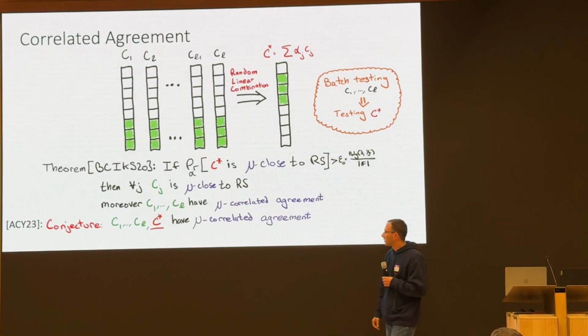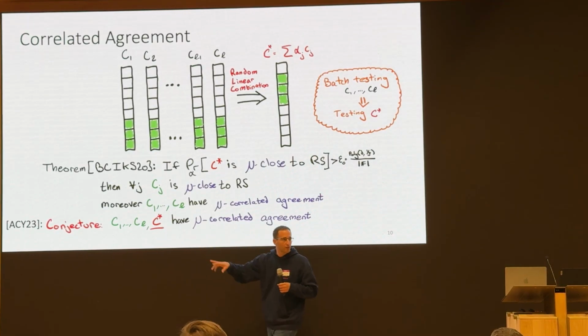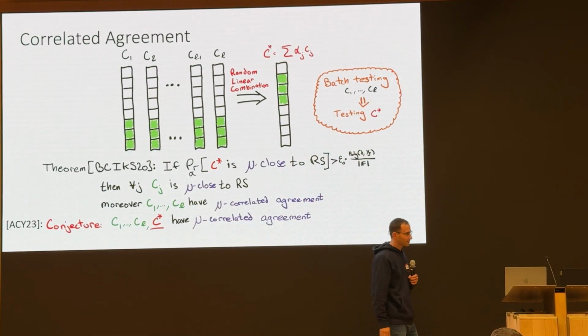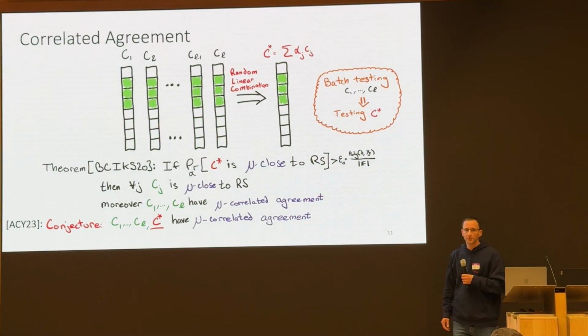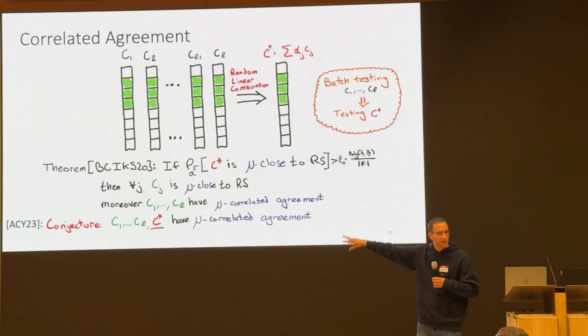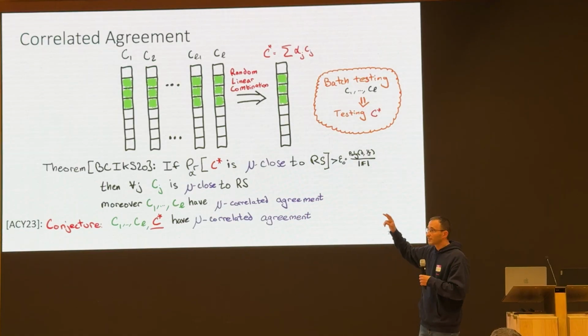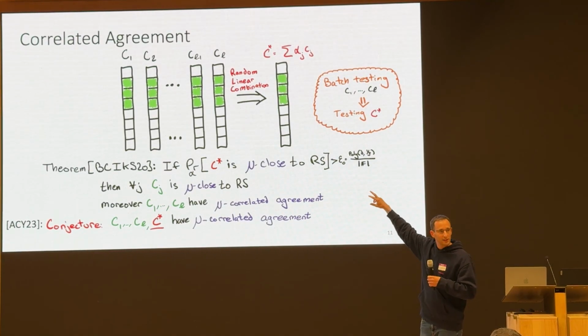But what we conjectured is that not only the CIs, but also C star itself, all of them should have correlated agreement. What it means is that the picture looks like this. In the unique decoding radius, it should look like this. In the list decoding radius, it looks like this for every color. The greens are correlated, the purples are correlated.